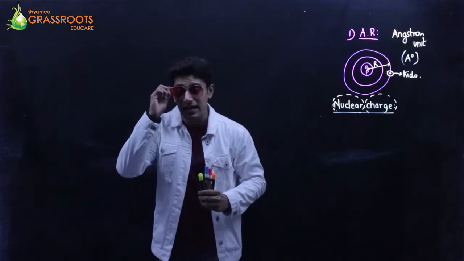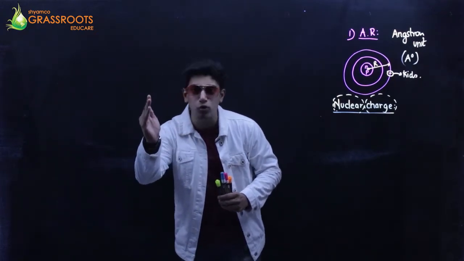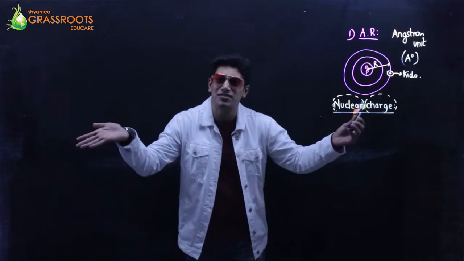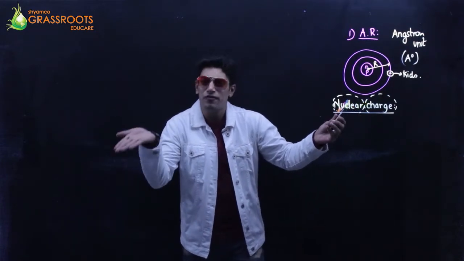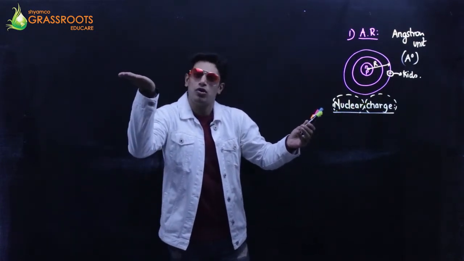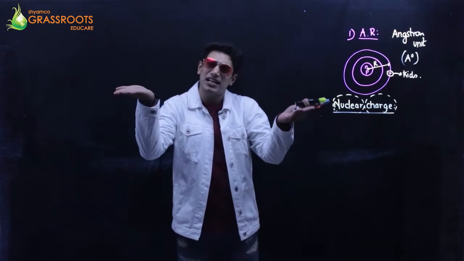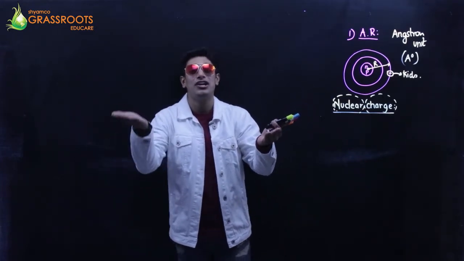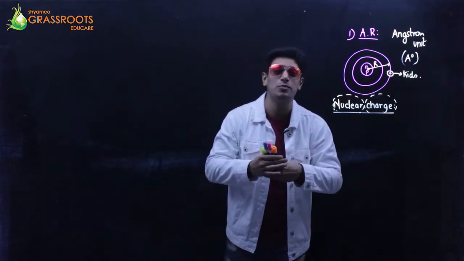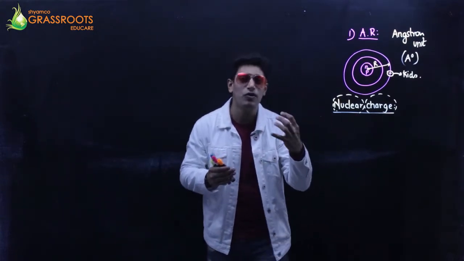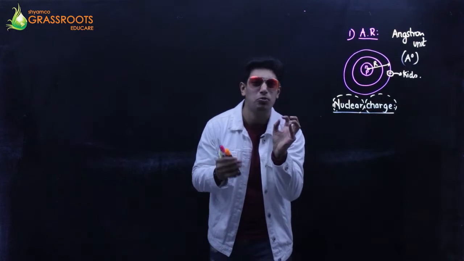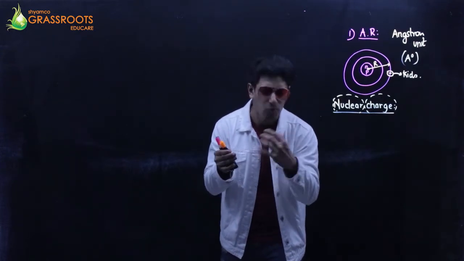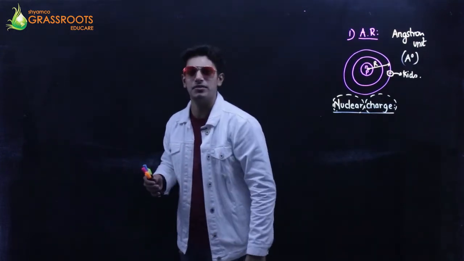That means in an atom, the number of protons and the number of electrons are the same, right? So if there is a rise in the number of protons, there will be an equivalent rise in the number of electrons. We say the nuclear charge increases. Nuclear charge means the pulling effect, the force of attraction between the protons and electrons. There are more in number, more in magnitude, so it increases.